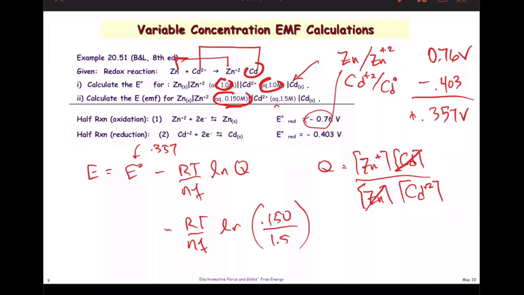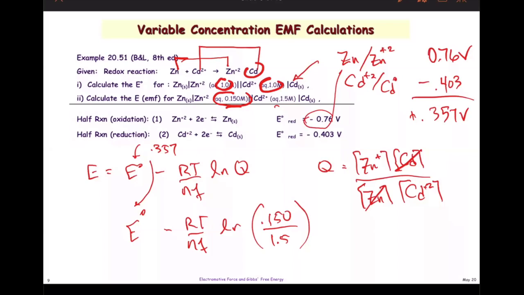So let me go ahead and do that calculation for you. 0.150 divided by 1.5 is going to be about 1/10, I believe. Yeah, 0.1. And then I'm going to take the natural log of that.